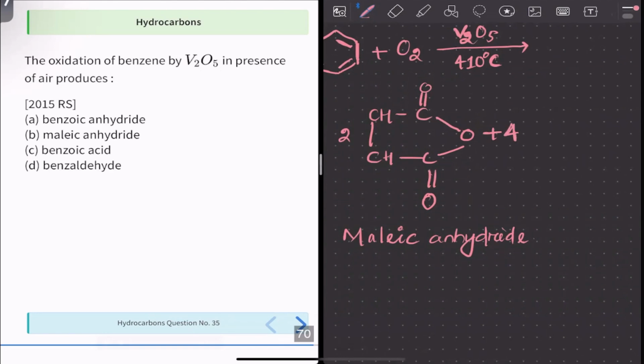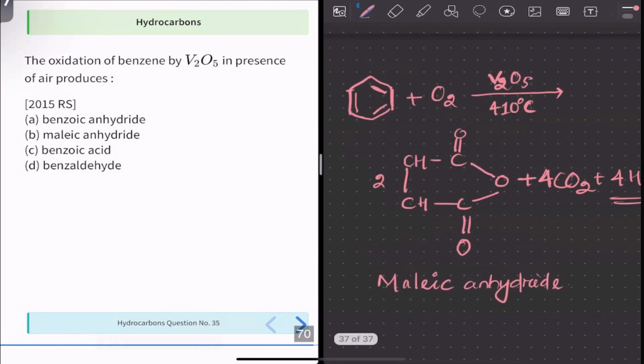The decarboxylation products, that is CO2 plus two water molecules will also be produced. So the correct option will be option B, that is maleic anhydride. You have to remember this reaction, that is oxidation by V2O5. You have to remember the conditions also, the high temperature, that is 410 degrees Celsius.